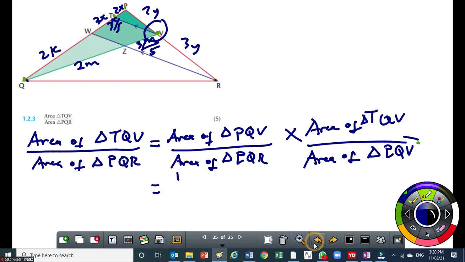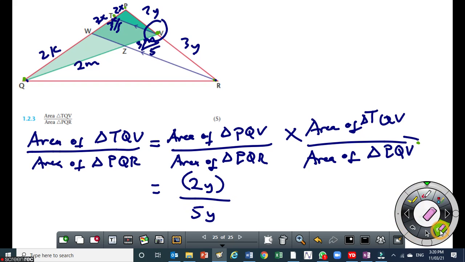So in actual fact, I don't need the constant. All I need is that the base of PQV is going to be equal to 2y. So I put 2y here. The base of PR is going to be 2y plus 3y, which is what? 5y. But before I carry on, I want someone to ask before I carry on why I wrote 2y over 5y.